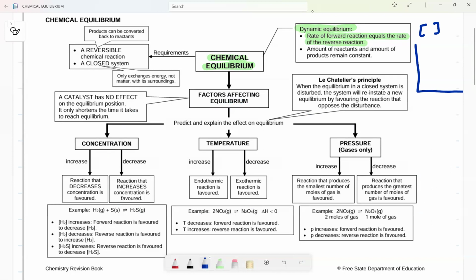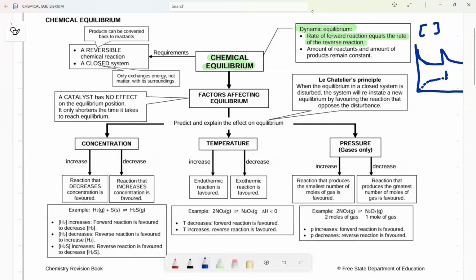We know that in a reaction, reactants are used, so the reactants will decrease and the products will increase. Then after whatever period of time, the concentrations will be fixed, and then they reach equilibrium.